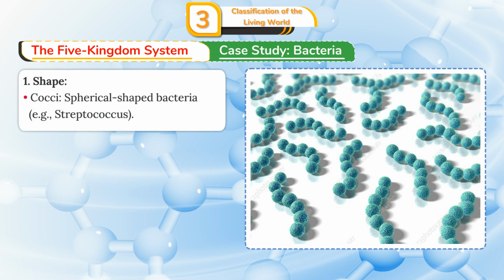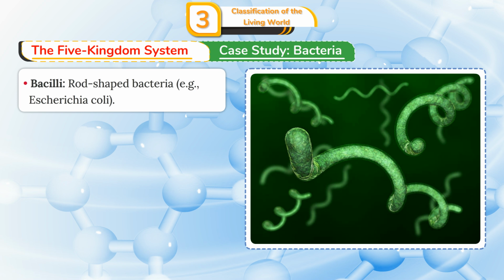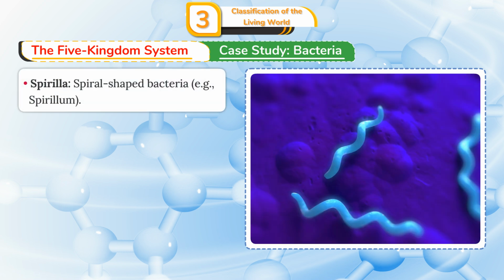1. Shape. Cocci, spherical-shaped bacteria, for example, Streptococcus. Bacilli, rod-shaped bacteria, for example, Escherichia coli. Spirilla, spiral-shaped bacteria, for example, Spirillum.